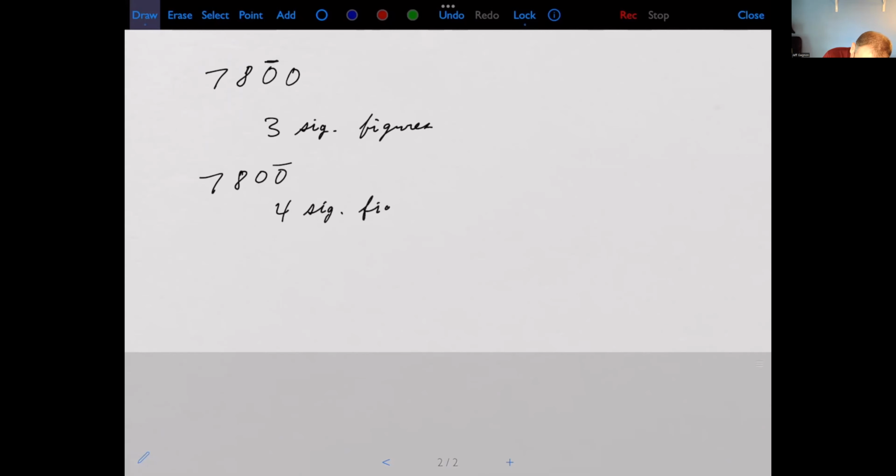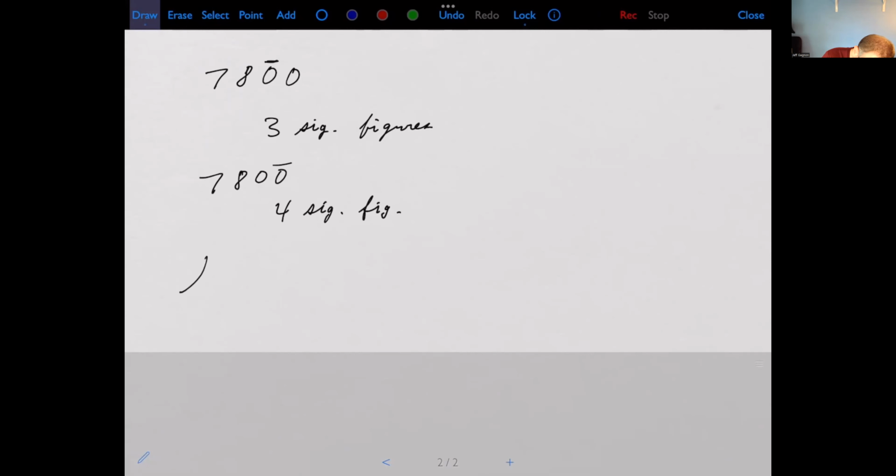Now, a better way to do this, and I'll show this in a little bit, is to use scientific notation. So scientific notation will make this clear as to how many significant figures 7,800 really has. Okay, so I'll write that here.